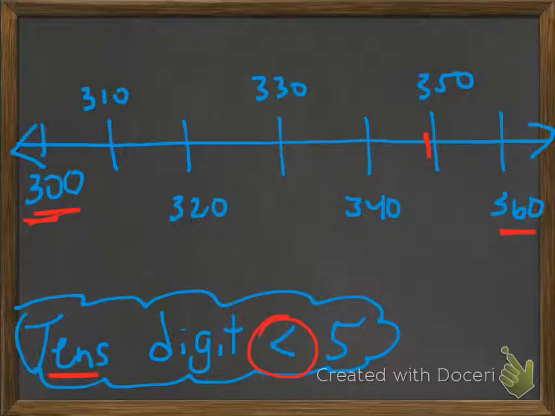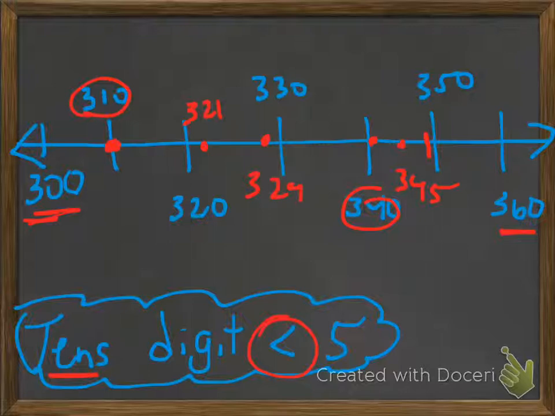So let's pick some. We can pick an easy one, 310. And maybe we'll pick right here 321, and we can pick 329, and we can also choose 340, and we'll even pick 345. And how do I know?